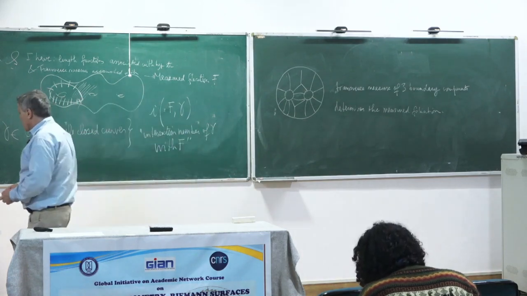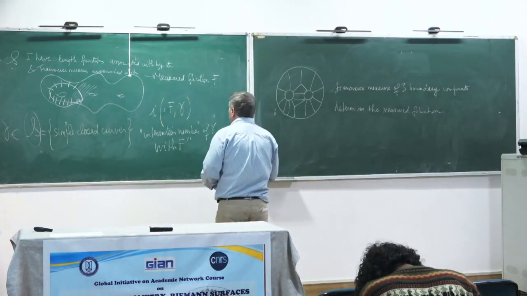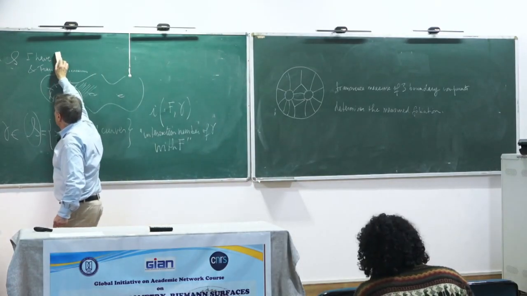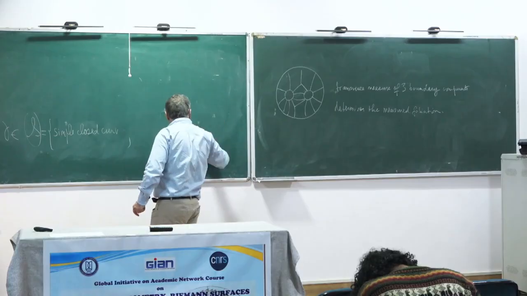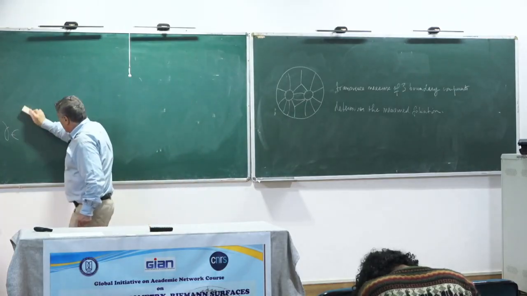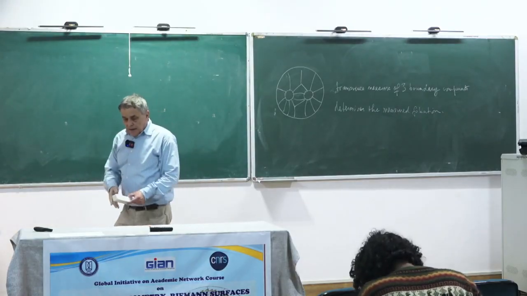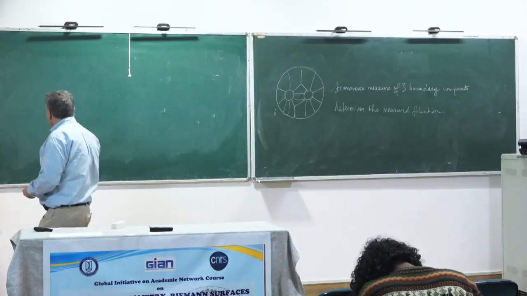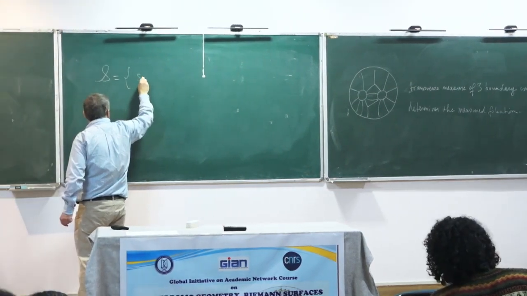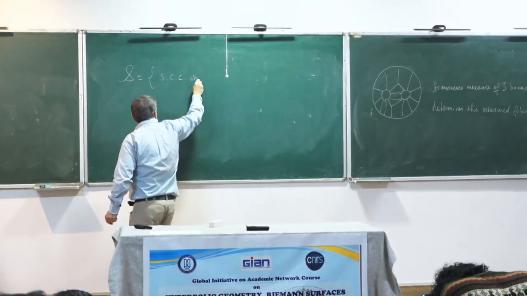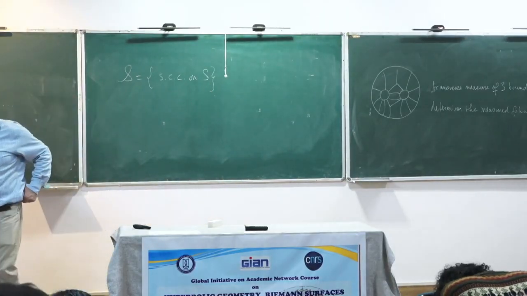So I want to tell you, I'm skipping a little bit of the theory, but I want to tell you that theorem of Thurston on the compactification of Teichmüller space. Okay, so we have again S, simple closed curve on the surface. And I recall that simple closed curve means non-homotopic to a point.